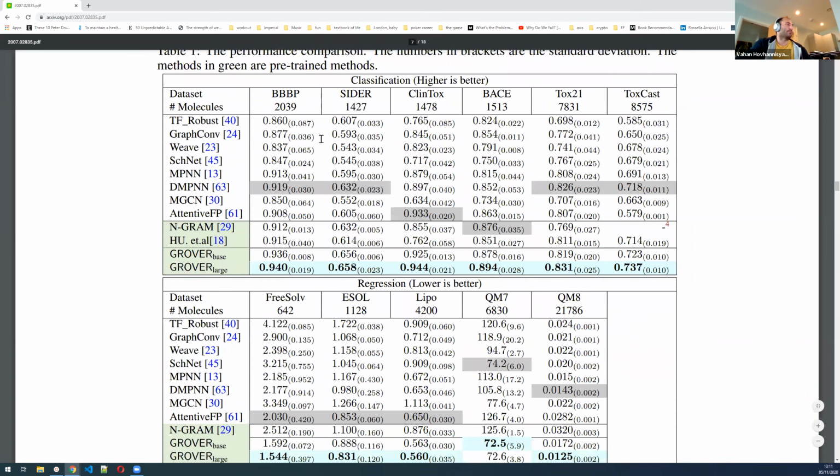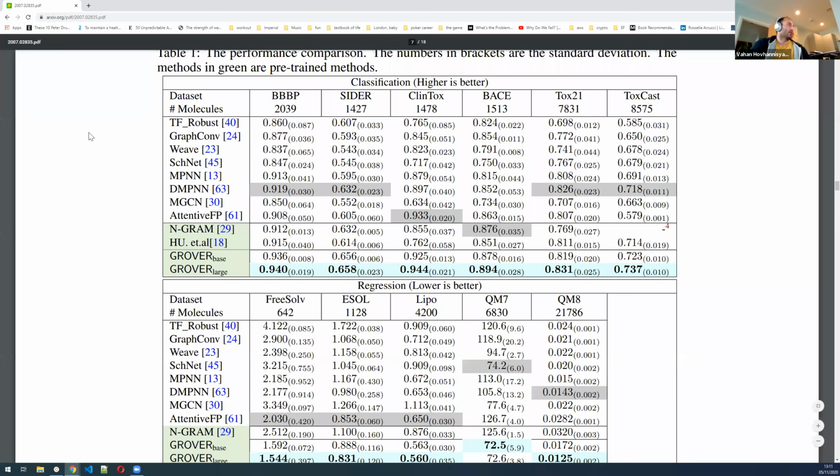Okay. And then they run several comparisons. So those are the data sets. They're all fairly large molecular data sets. So those are the number of molecules in each. And each molecule also has many atoms. And they used many different algorithms to compare. So the top ones are not pre-trained.